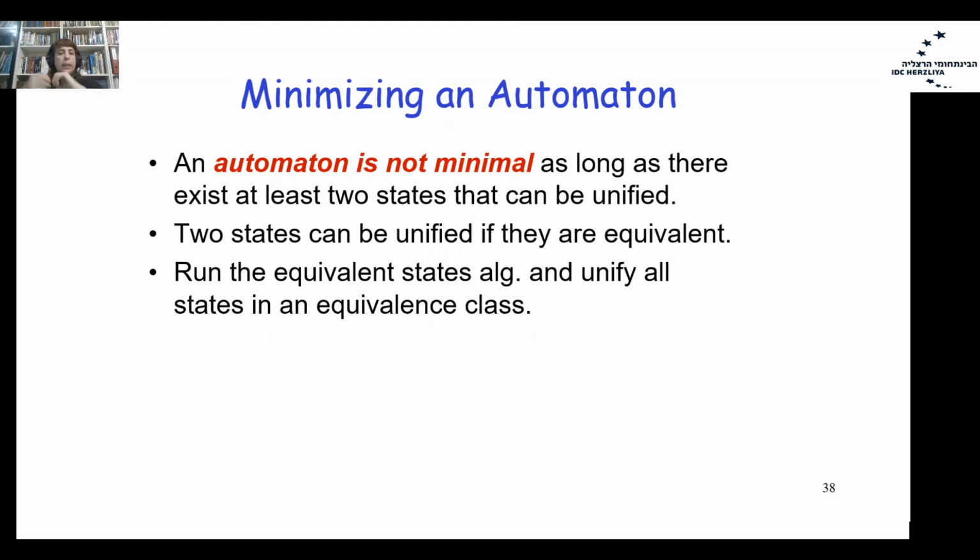Two states that can be united are equivalent states. So basically, we will run the equivalence algorithm that we used before and unify all the states in the equivalence class. We will draw them as a single state, and the resulting automaton will be a minimal DFA.